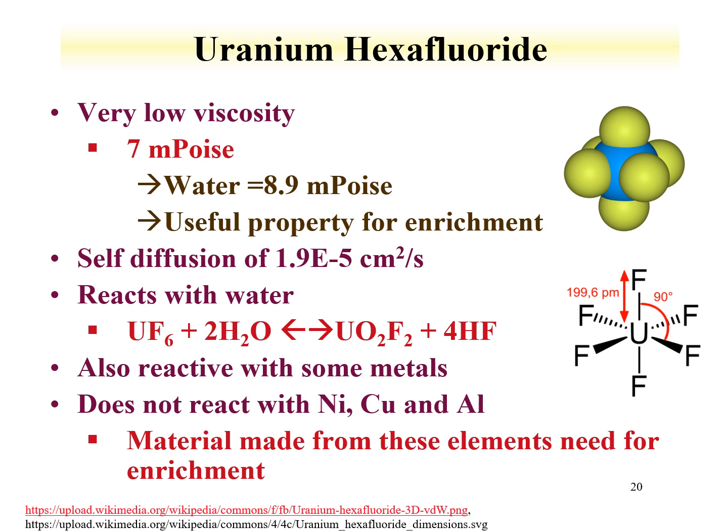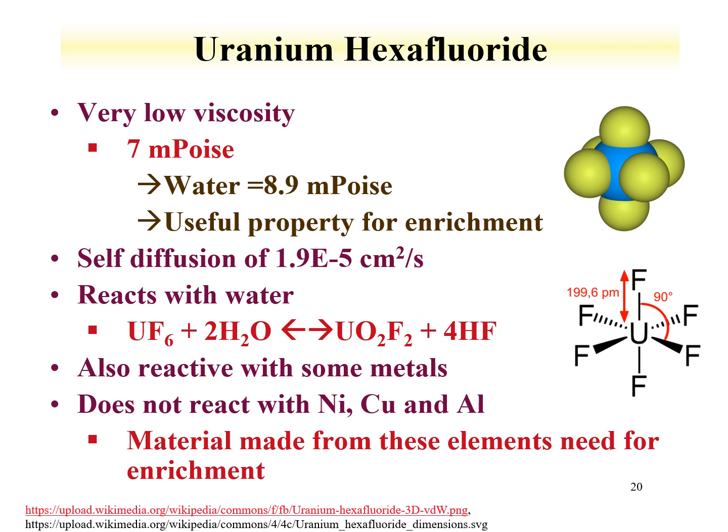The material has very low viscosity, as shown here. It's on the order of water. This is a useful property for enrichment. With water, uranium hexafluoride reacts to form uranyl difluoride, UO2F2, and HF.